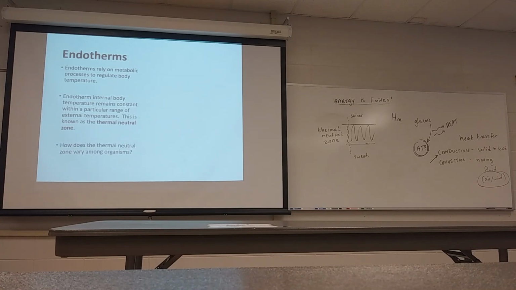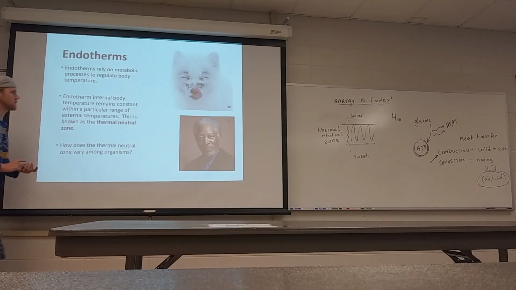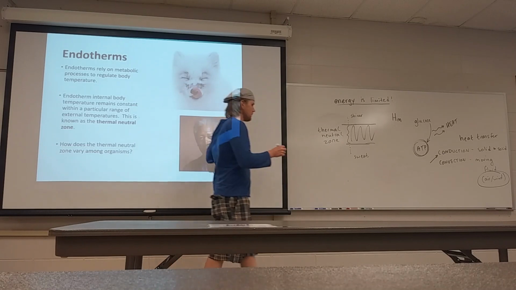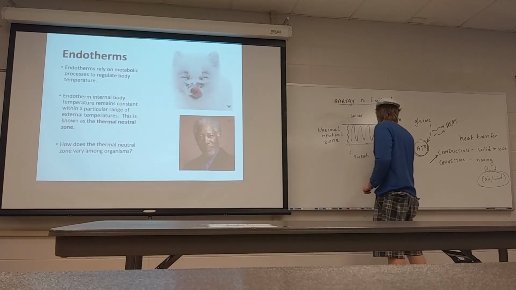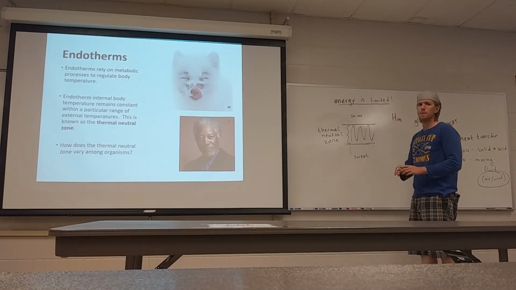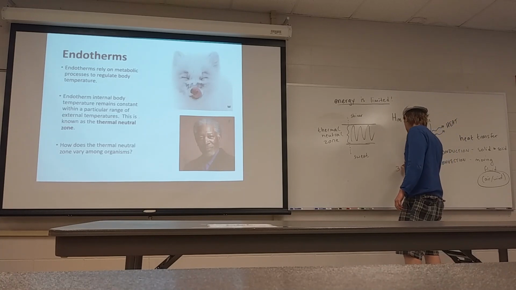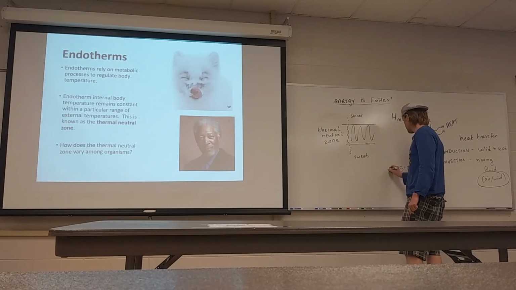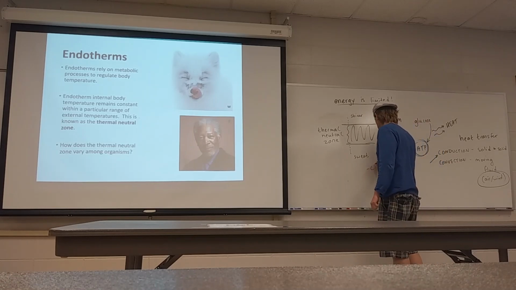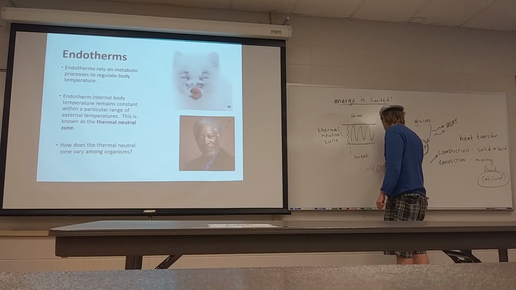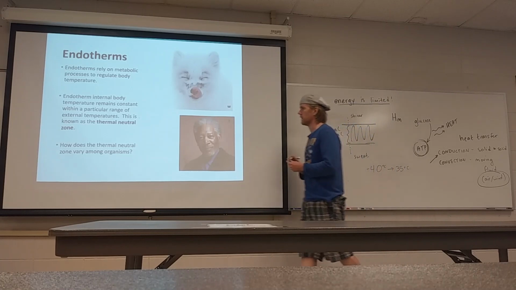What about other creatures though? How do they compare? So here's a human, there's Morgan Freeman, and here's an Arctic fox. Its thermal neutral zone is going to go up to around 35-ish degrees Celsius, but it's going to go as low as negative 40 degrees Celsius.